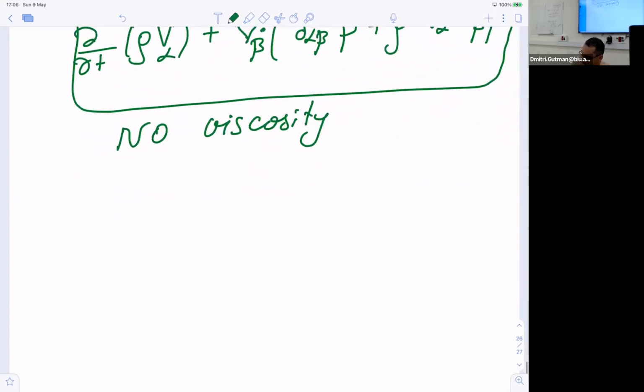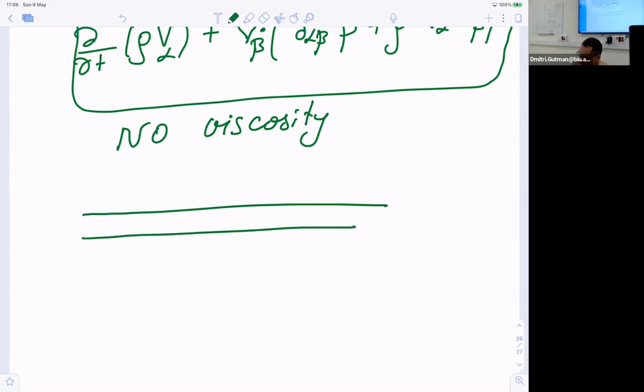And what is viscosity? Viscosity is if you have a wall and a fluid that flows next to this wall, there's friction between the moving fluid and the standing wall, and the wall will slow down the fluid.